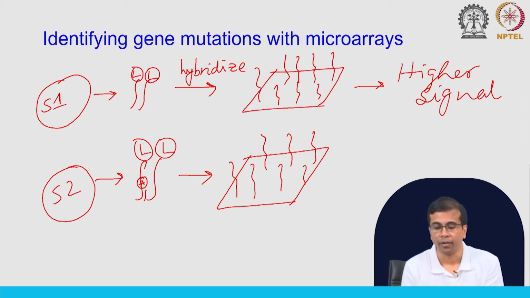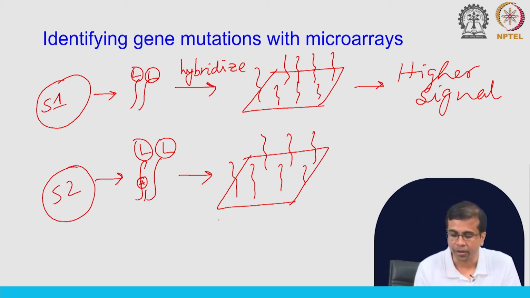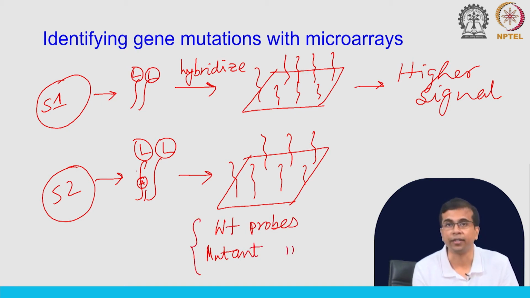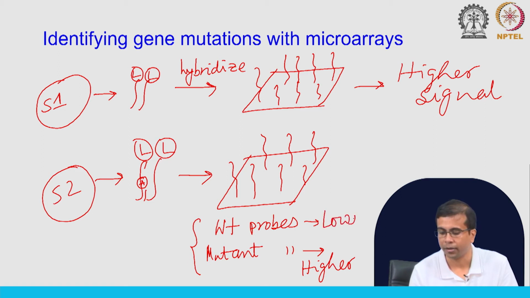Okay. So, you can have these wild type probes and mutant probes. So, what you will see is that if there is a mutation in the sample, this mutant probe will give you higher signal and the wild type probe will give you lower signal.